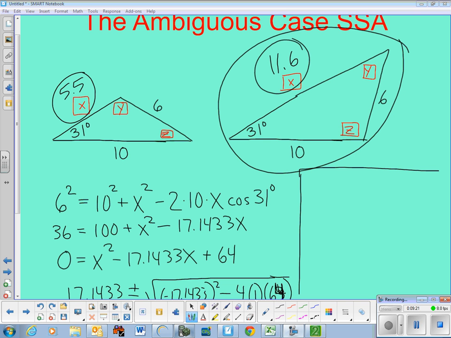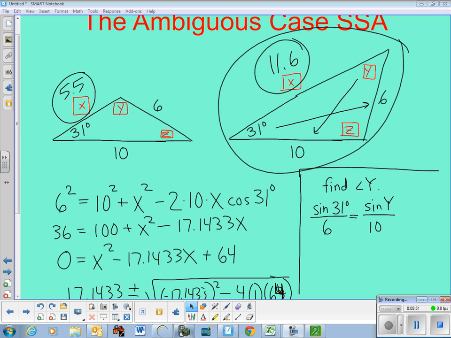If you use the law of sines to get angles, so find angle y, then I would set up my law of sines that said sine of 31 degrees over 6 equals sine of y over 10. All right, 31 goes to 6, y goes to 10.